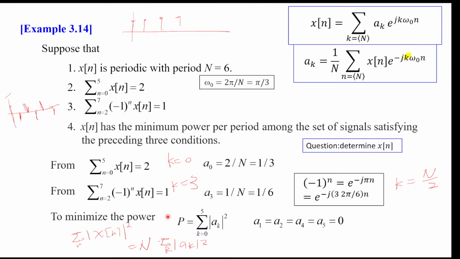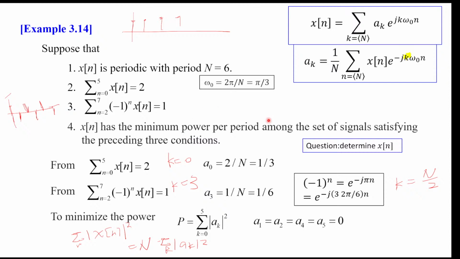So here this is actually a bit more subtle. The most straightforward way is saying that we determine A0 and we determine A3. So A0 and A3 are fixed, and obviously the way to minimize this is that the Ak, I guess let's do the calculation here first.